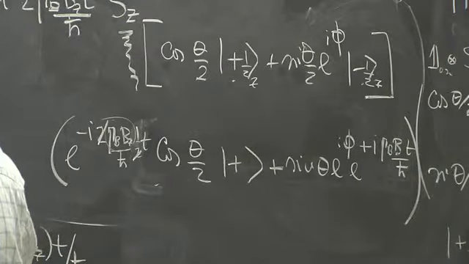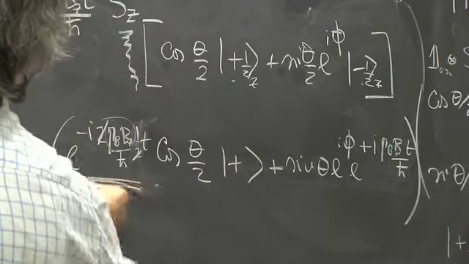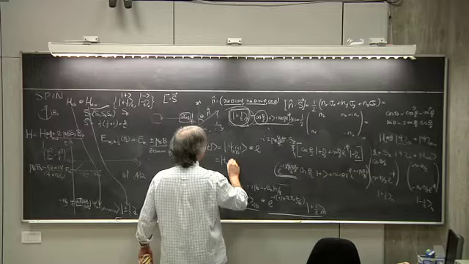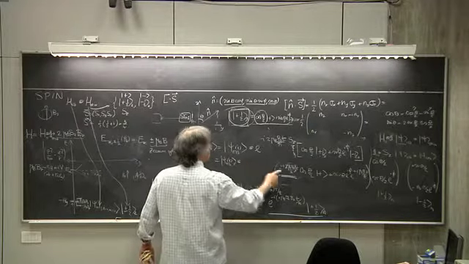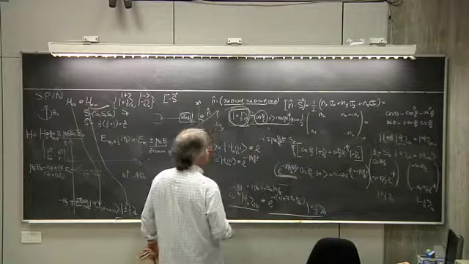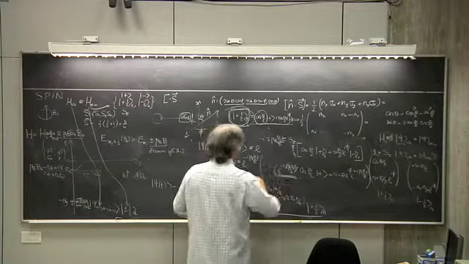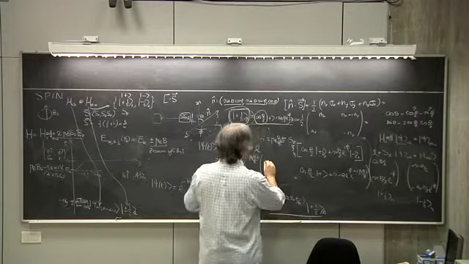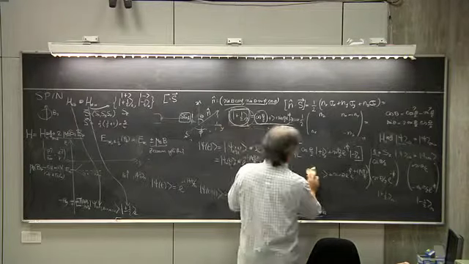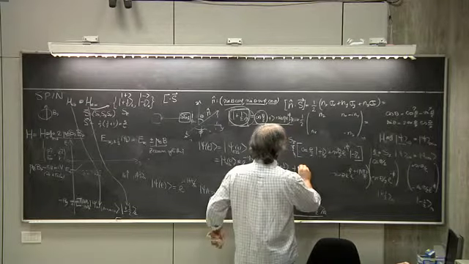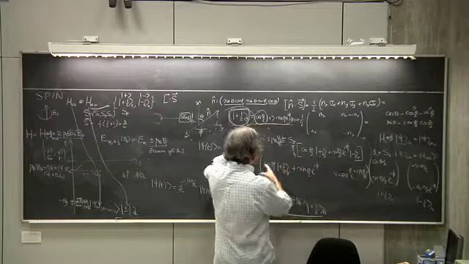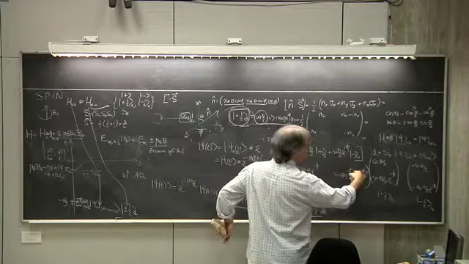Now, if I put this overall phase just in front of everything, I will find that the state is the orbital part at time t times a phase e to the i mu b B t over h bar times, let me put it here, the cos theta over 2 times the plus 1/2, plus the sine theta over 2 times e to the i phi times, well, if I put the minus in front, I have plus 2i.